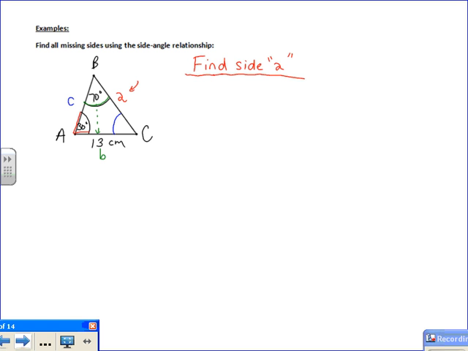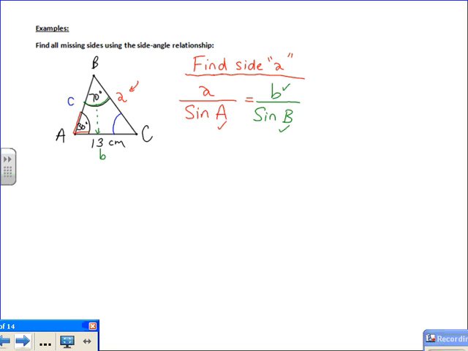Well, A over the sine of A, which I know, is equal to B over the sine of B. It's also equal to C over the sine of C. But notice that we don't have any information yet for angle C or side length C. So I'm going to use the ratio for B over the sine of B, because I have side length B and angle B, so I could figure out the sine of 70 degrees.